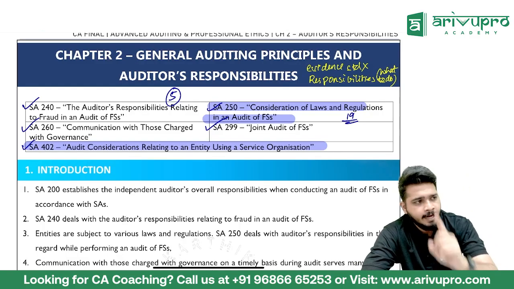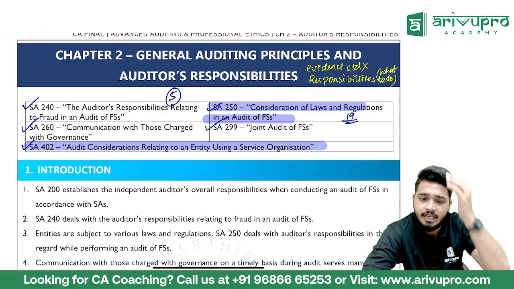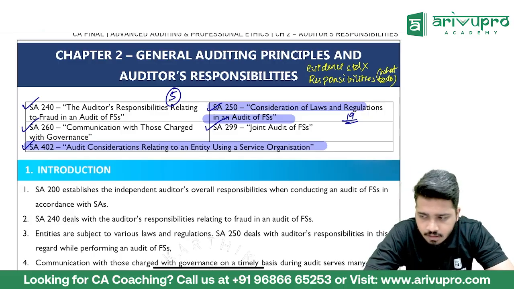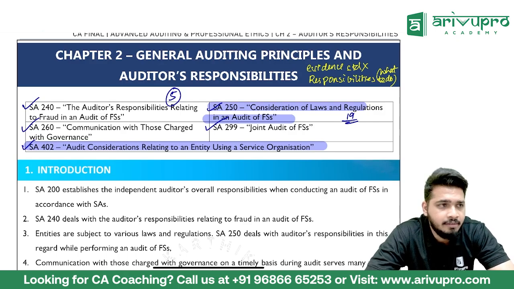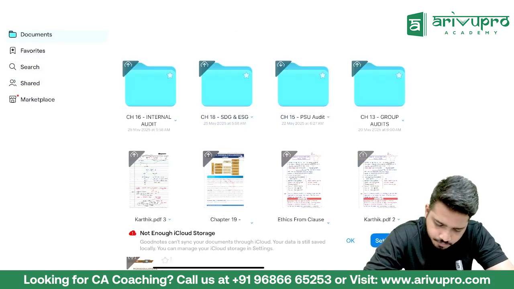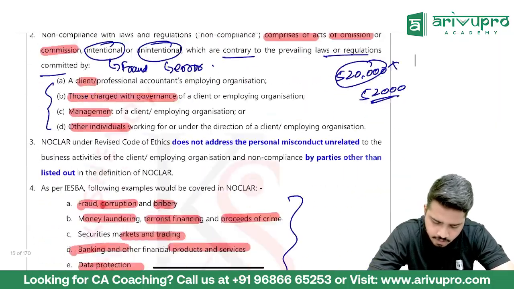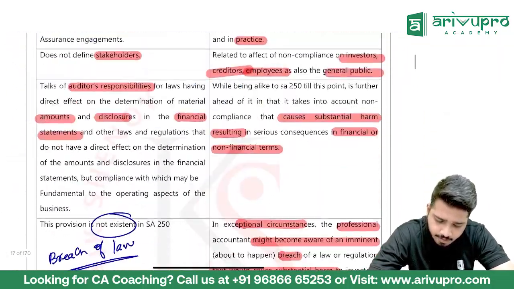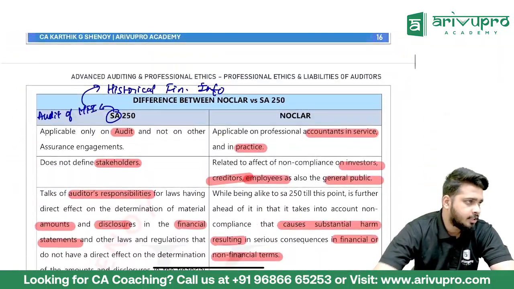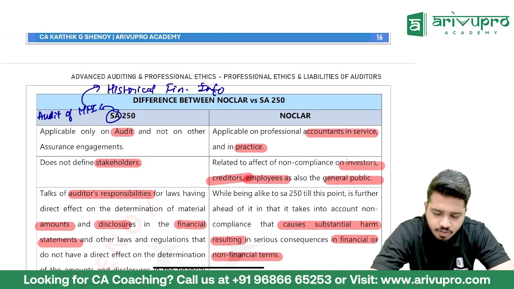Chapter number 19, professional ethics, we saw in the beginning only. Between SA 250 and NOCLAR we had seen the difference. I'll show you. Non-compliance with laws and regulations, and we also checked the difference between SA 250 and NOCLAR.